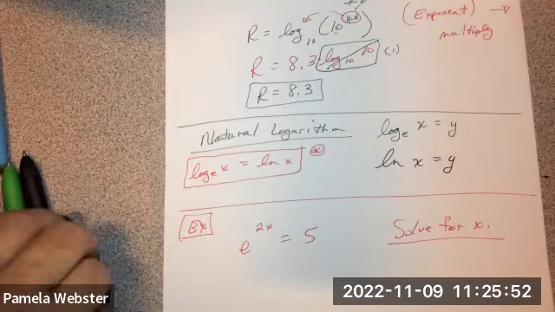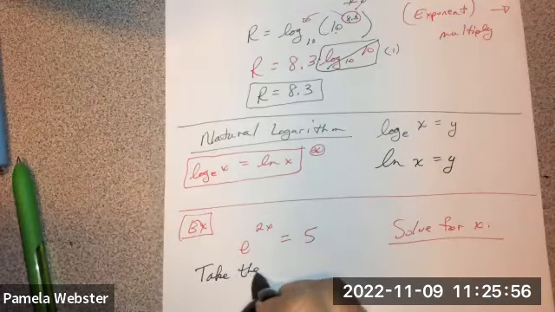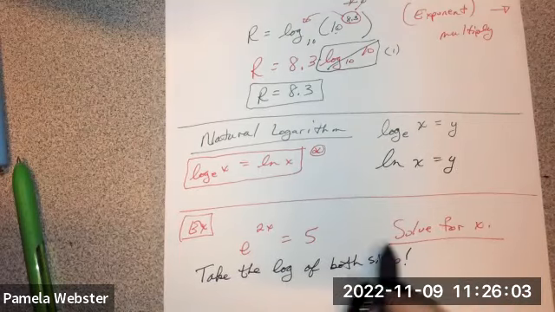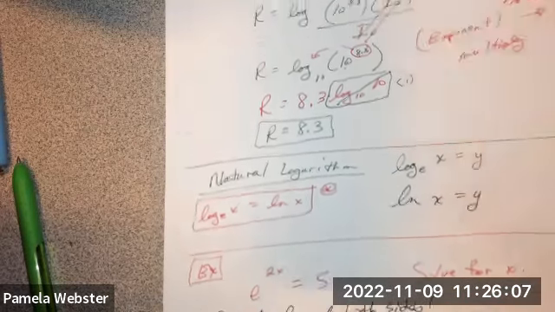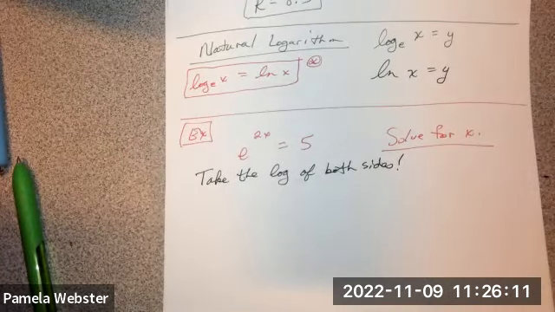Okay, so here's the take the log of both sides. When I do that, I'm going to take the log on the left-hand side, but this is an equation. Everything's got to be equal, right? So I need to take the log of both sides.